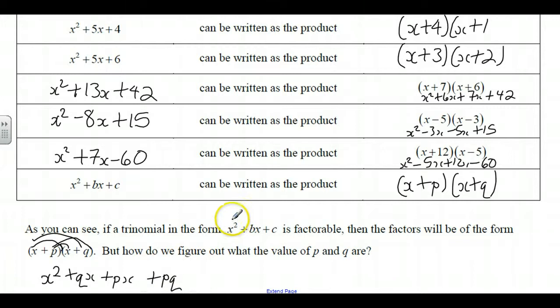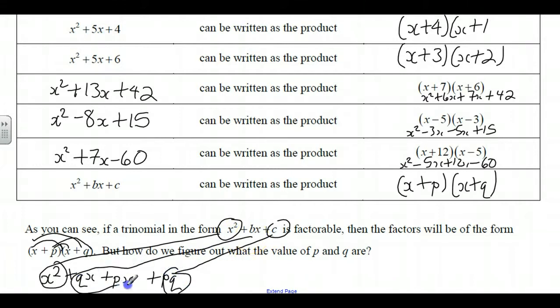And we start to see how this relates. The x squared is there. The c value is just going to be this one, and the b value is going to be a combination of these two. So let's look at that in a little more detail.